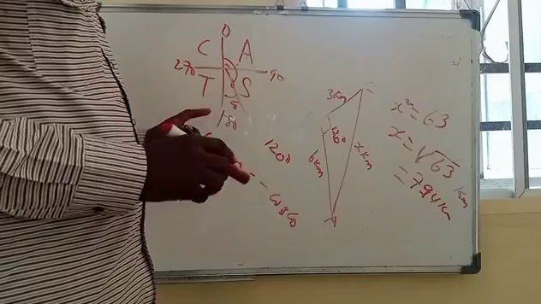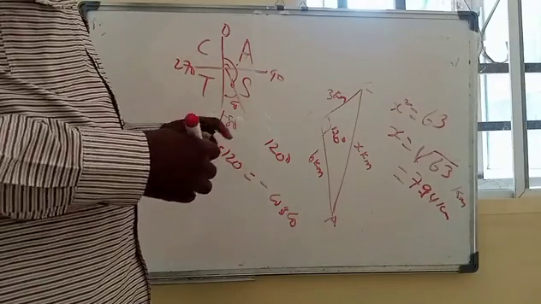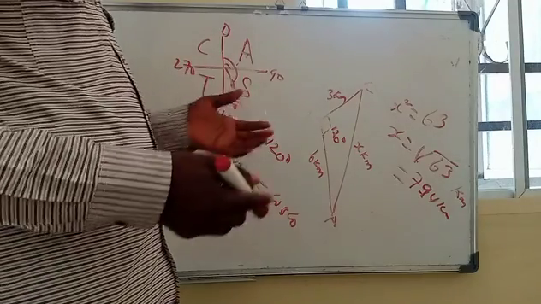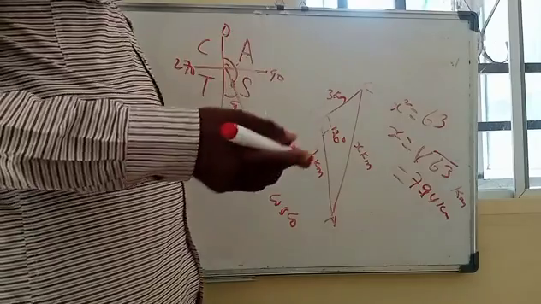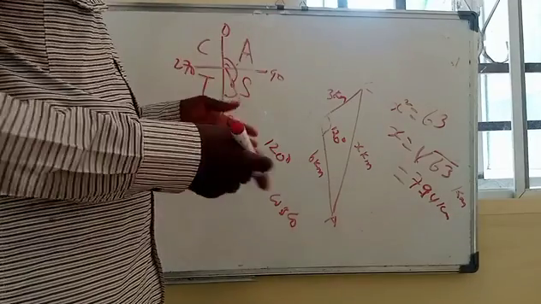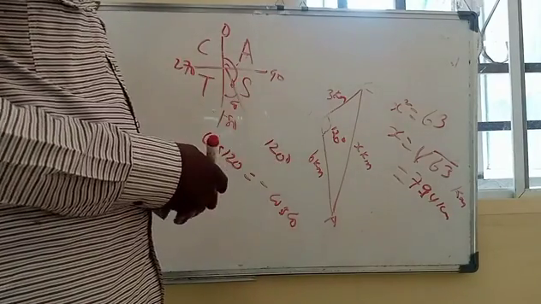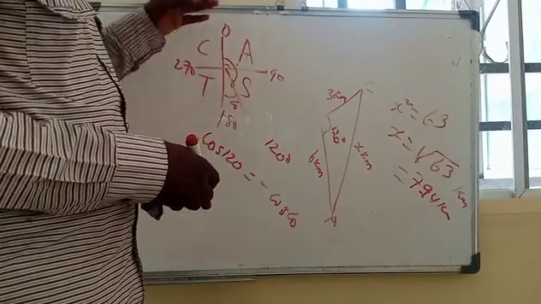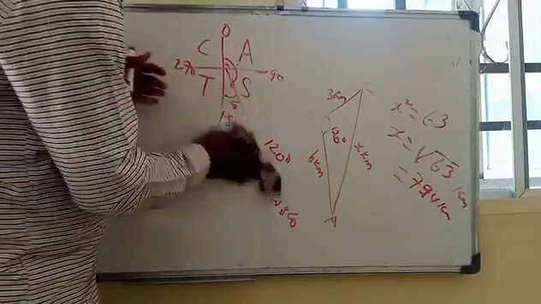You understand? So that is how you go about it. Whenever you find an angle greater than 90 and there is a need to find the cosine or the sine, you try to do your subtraction and then take note of the sign, the position of that angle in the quadrant. So that is that.